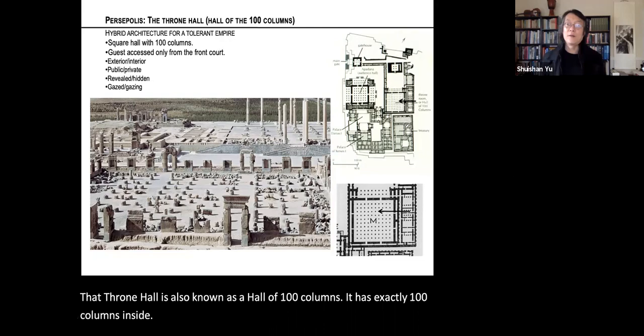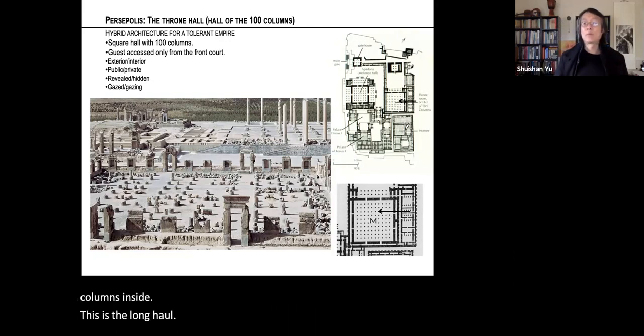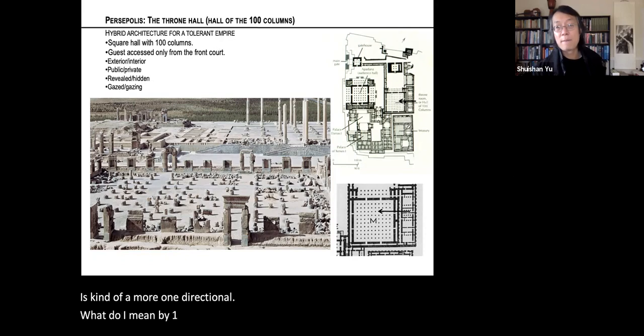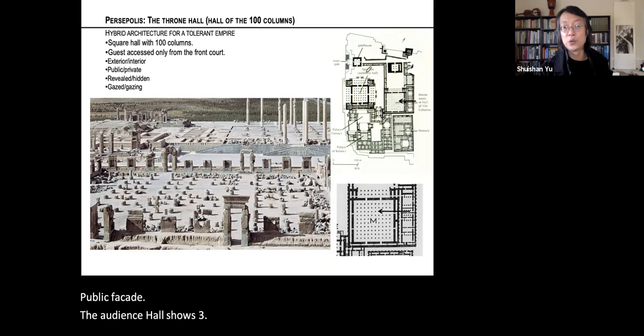This throne hall is kind of more one-directional. What do I mean by one-directional? Because it shows only one public facade, right? The audience hall shows 3 or 2 to the ceremonial space. The throne hall only shows 1.